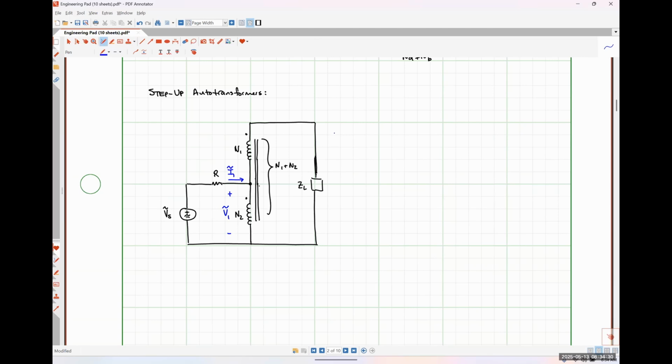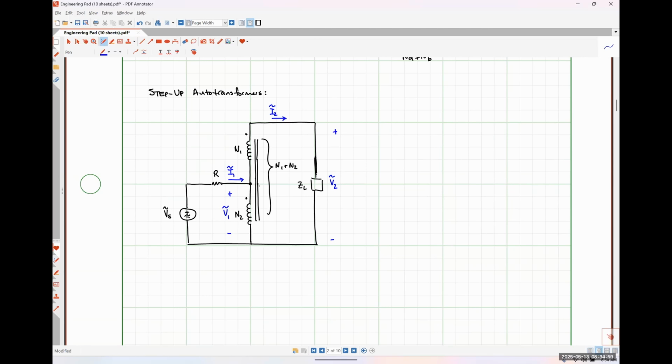Then the voltage drop across my load, which is really just the voltage drop across both of those coils, is my secondary voltage V2. And the current that's flowing into my load is this current, I2, like so.